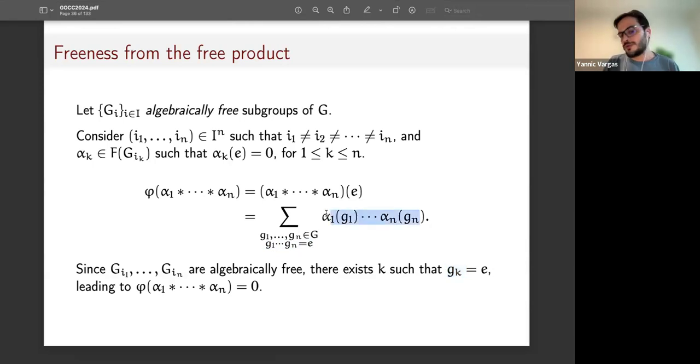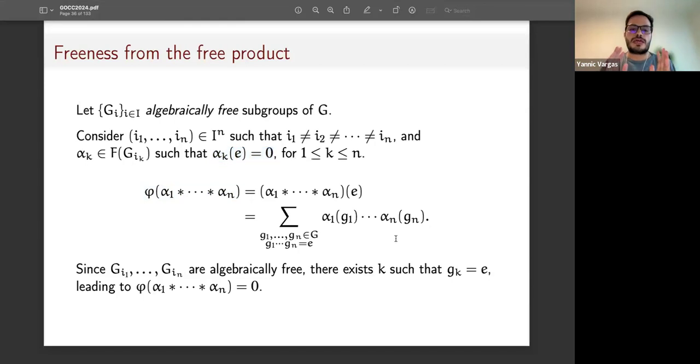Leading to this product being 0. So the moral of this story is that as soon as I take subgroups which are algebraically free in my group, I look at elements in the algebras constructed from every one of these subgroups, and I look at the evaluation alpha on the convolution product of those maps. This is 0 as soon as every one of those maps is 0 when evaluated on the neutral element.